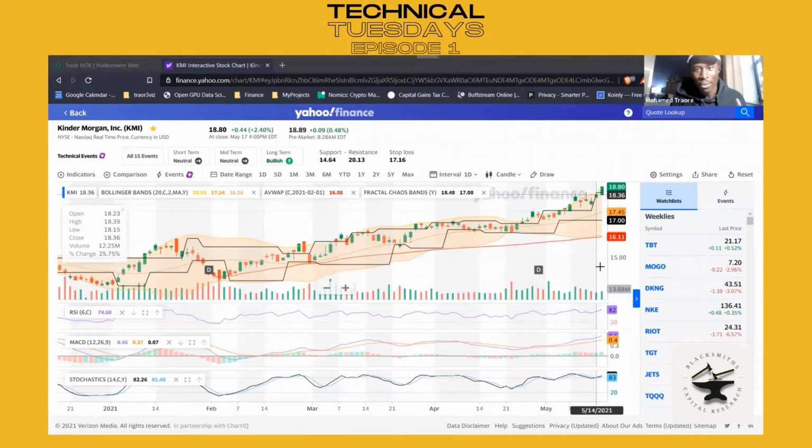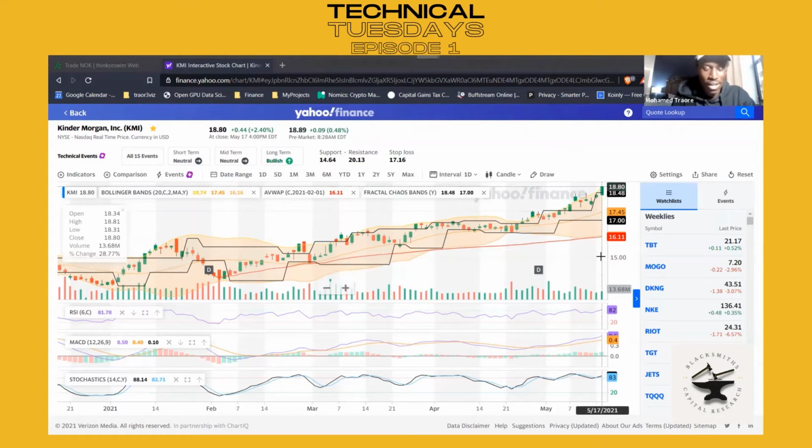All right, before we continue, let me share my screen so you can see. I've got a lot of different technical indicators on here. This is what I mean by we've got to start slow, we can't just jump in. I've got RSI, MACD, moving average convergence divergence, and stochastics.